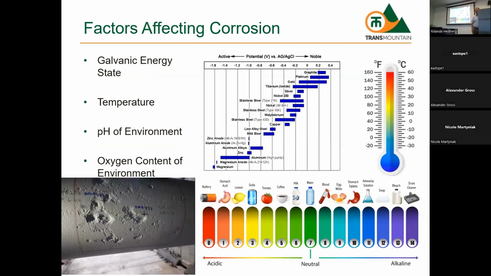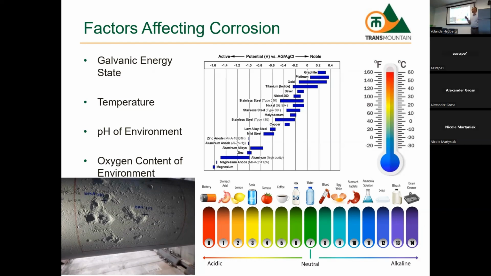Okay, these are all the factors that affect corrosion. And when you're a cathodic protection engineer and you're looking at designing a system, you need to factor in all of these different elements that are surrounding whatever the structure is that you're intending to protect. Okay? So if there is a galvanic issue with different metals touching each other, that's what you're trying to combat.